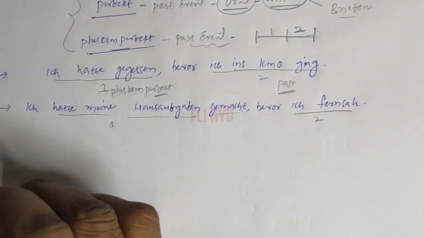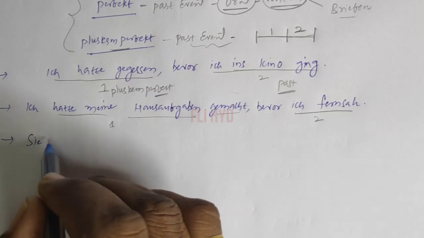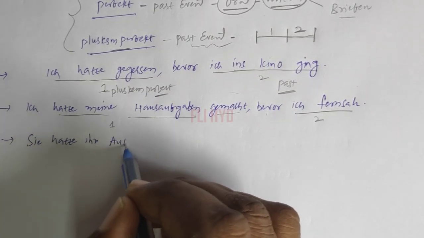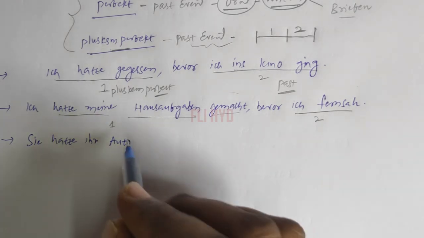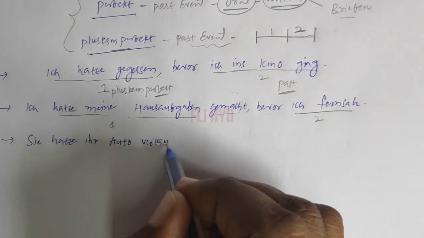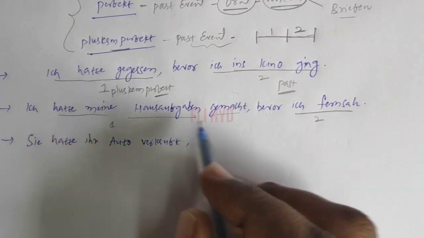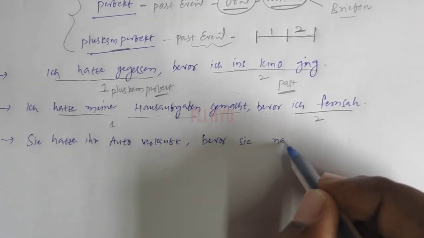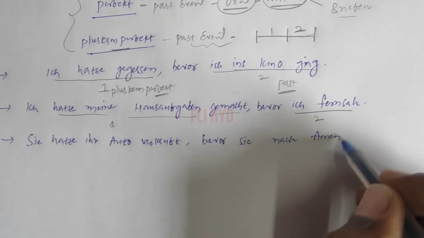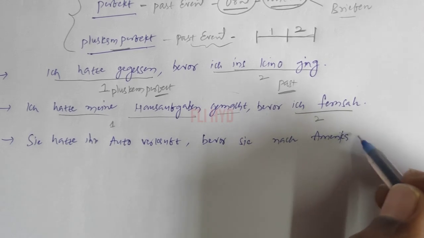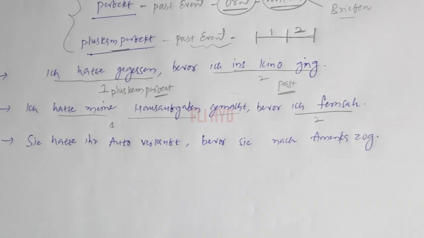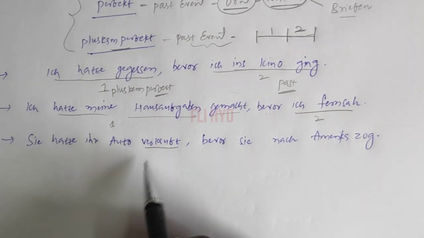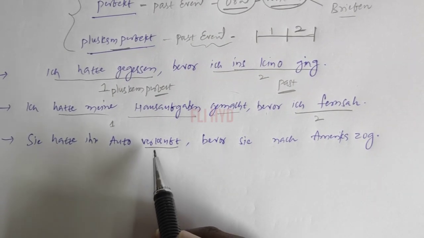Next one: "Sie hatte ihr Auto verkauft, bevor sie nach Amerika zog." Before sie nach Amerika zog. So what are the two actions? Sie hatte ihr Auto verkauft. Kaufen is to buy, but verkaufen is to sell. So, sold.